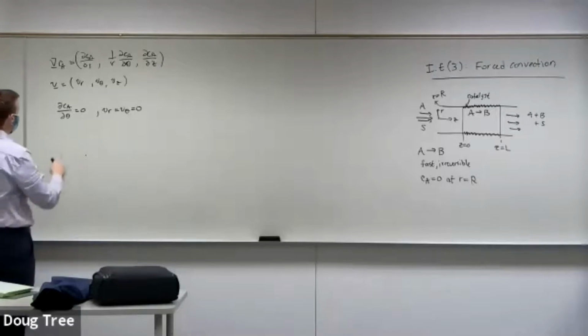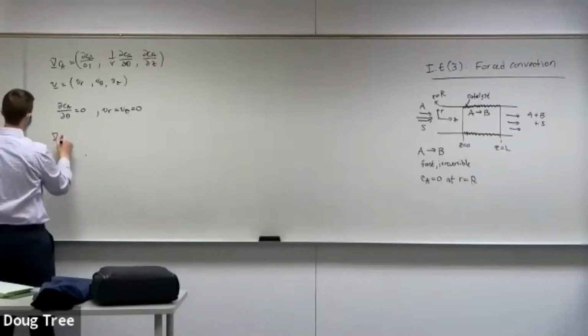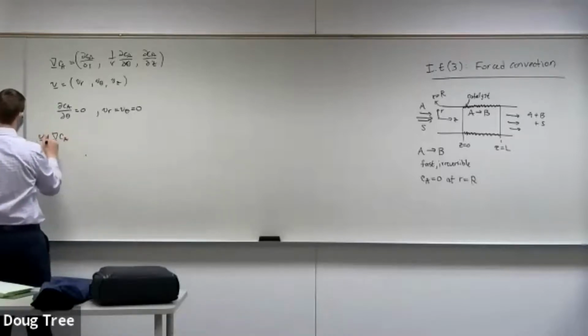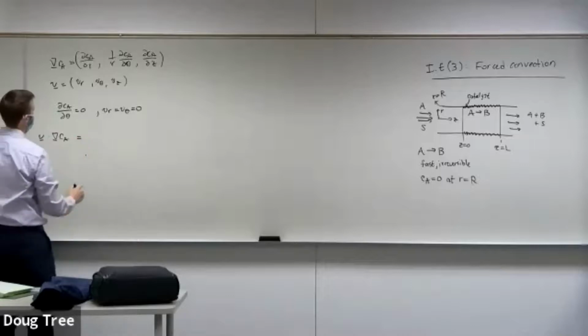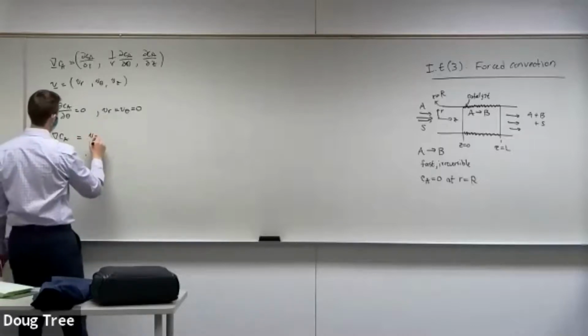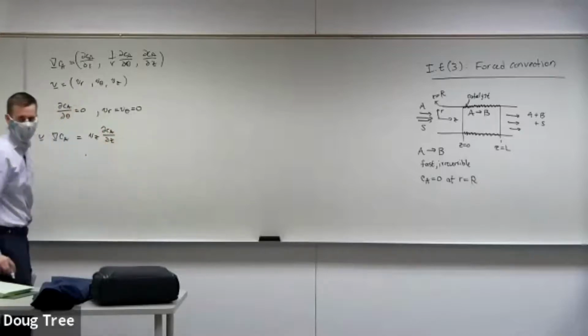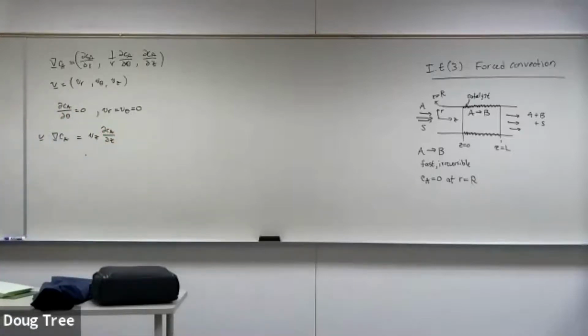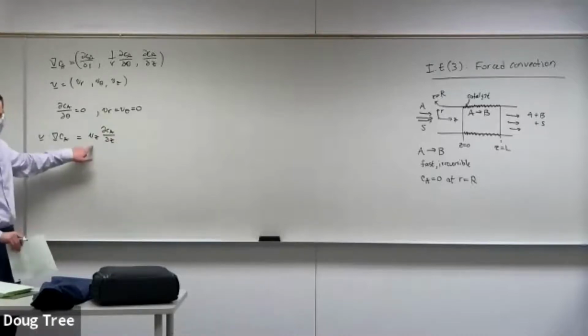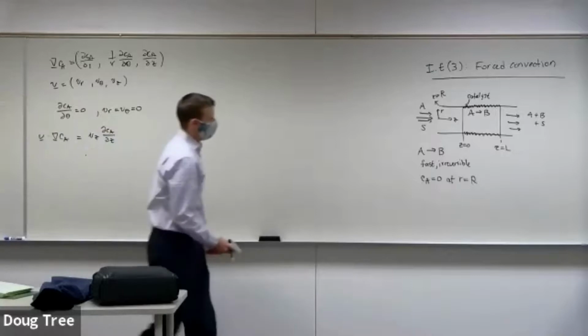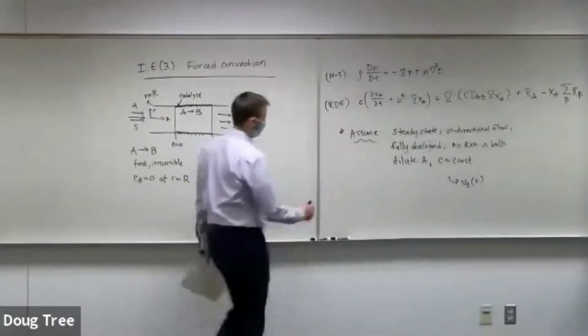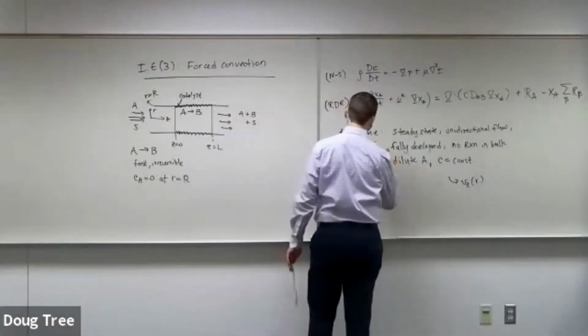So the only term that's going to survive in V dot del CA is going to be the z term, Vz dCA dz. And fully developed doesn't cancel that in this case. It's a Vz, but the fully developed, I meant in terms of velocities.